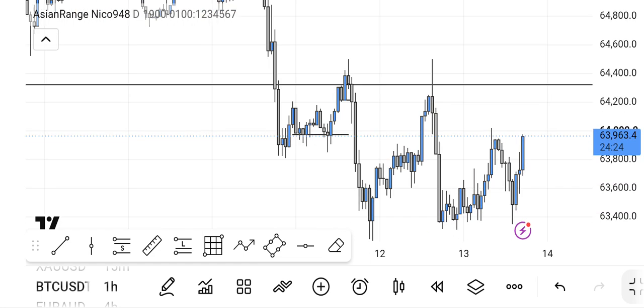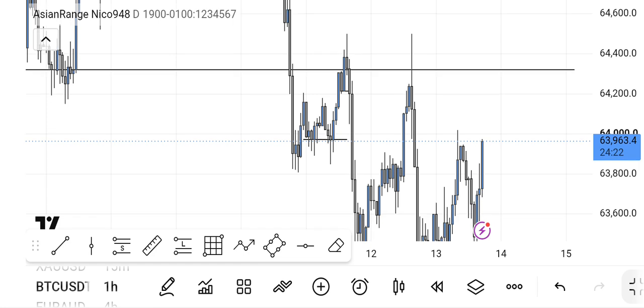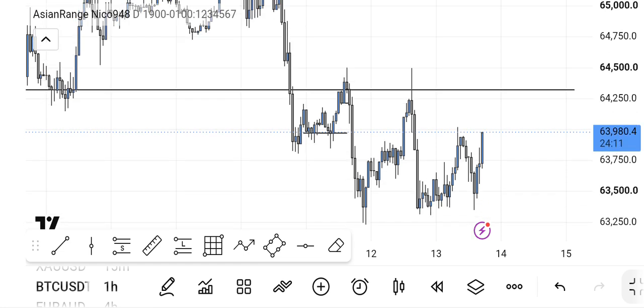Now, after the breakout, what next? I've talked about one step lower and two steps lower if there's no breakout on the one step lower. It's valid. All of them are valid.